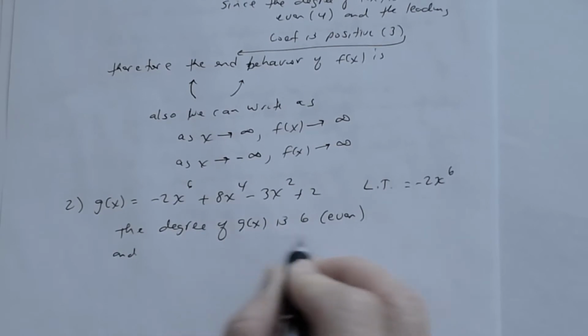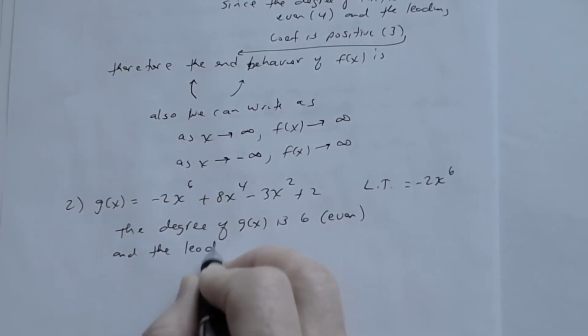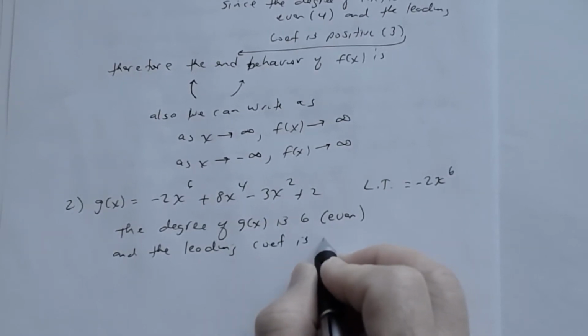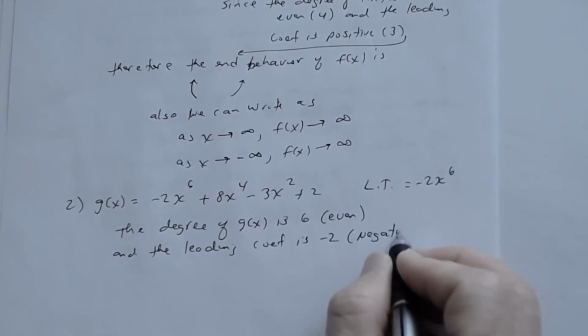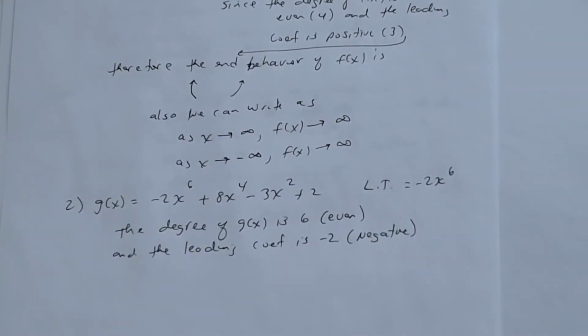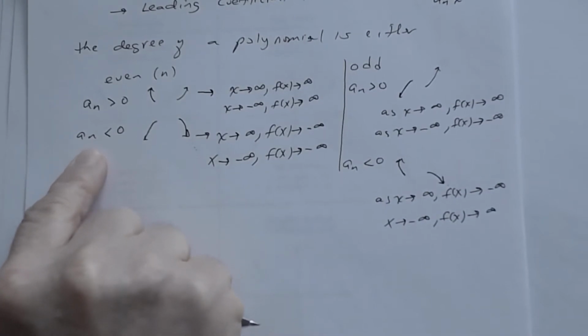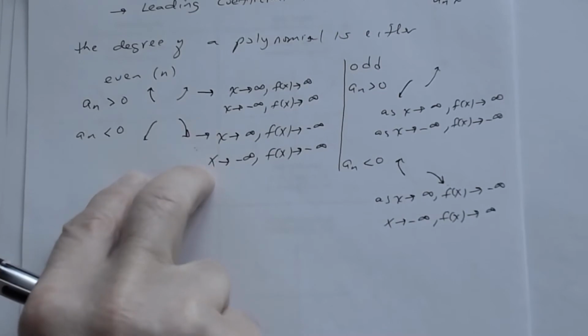The degree of g of x is 6, that's even, and the leading coefficient is negative 2, which is negative. So since the degree is even and the leading coefficient is negative, the ends are pointing down. The arrows are pointing down.